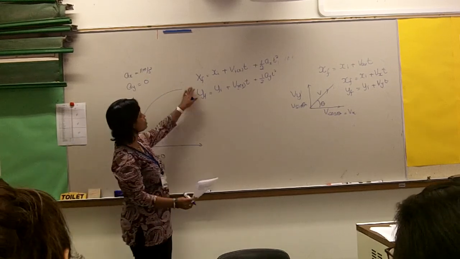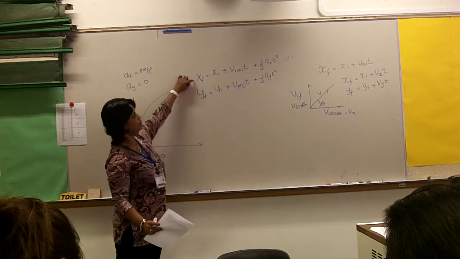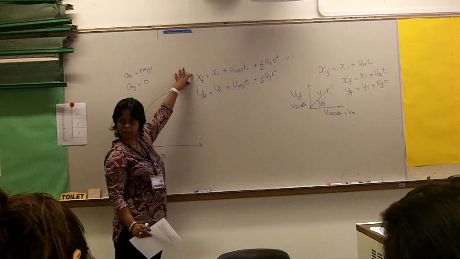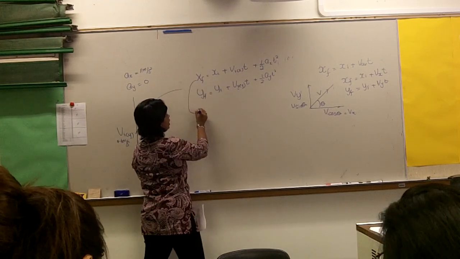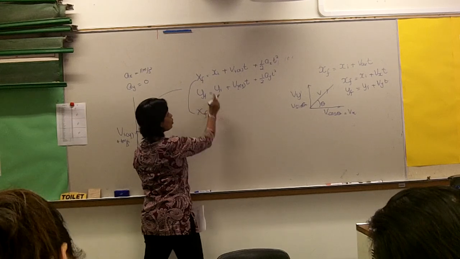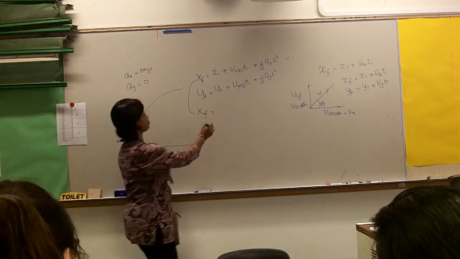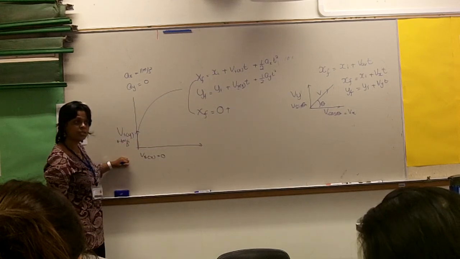So when we want to find how much it moved horizontally, we can use this equation. Do you all agree with that? So we are finding xf: what is your initial distance? 0. What is the initial velocity in the x direction? 0.